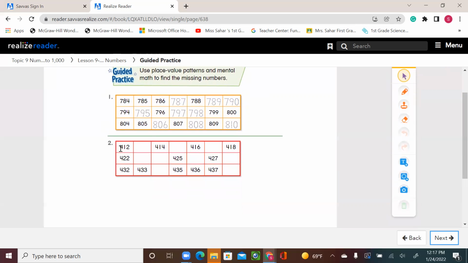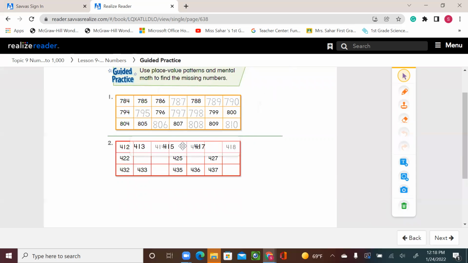All right, let's see number 2. So we have 412. After 412, 413, and 414. What's after 414? 415. Then we have 416 written for us. 417.